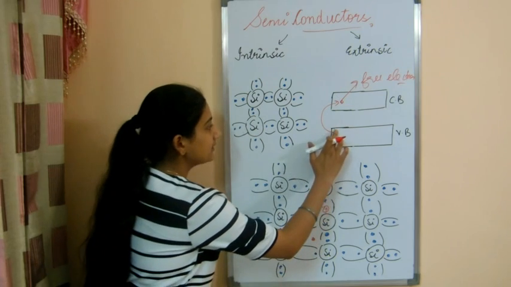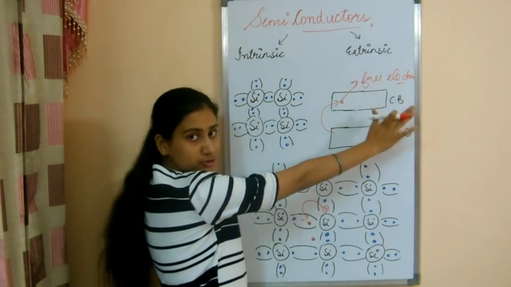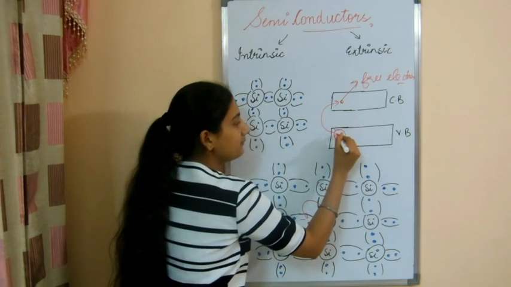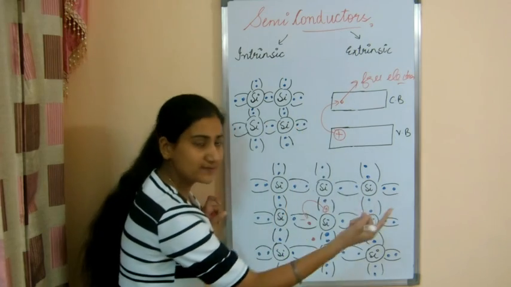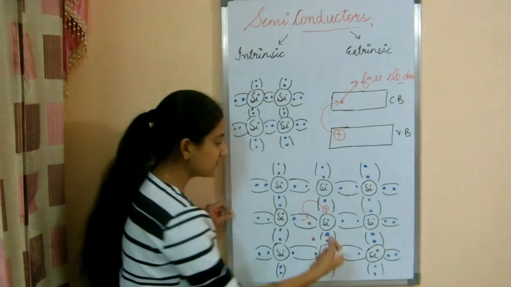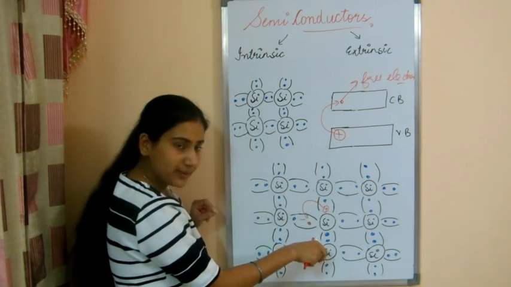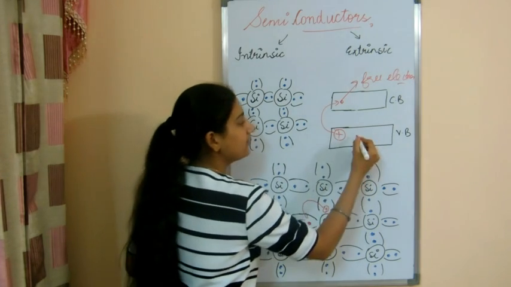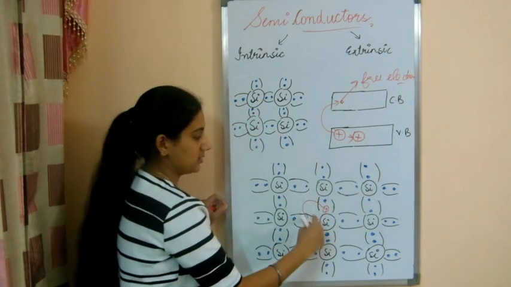So we can see that when the electron has jumped to the conduction band, a free electron is produced. At the same time a hole is produced and this hole also moves in the valence band. How does it move? The electron from the neighboring atom jumps into it, fulfills its place, and the next place acquired by the hole is this.